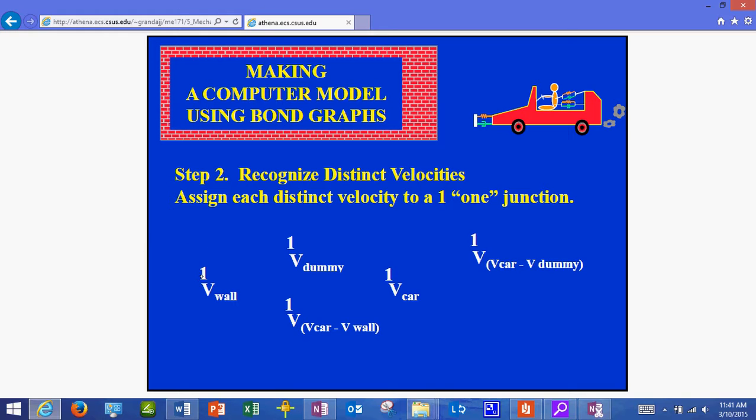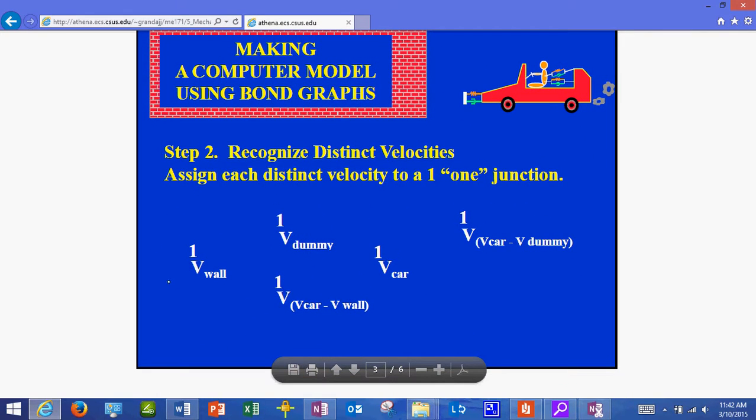So in here we put all the one like the wall, for example. There's the dummy. There's the relative velocity between the wall and the car itself, and the relative velocity between the car and the person. But let's not concentrate on these ones, but only on these three for now.